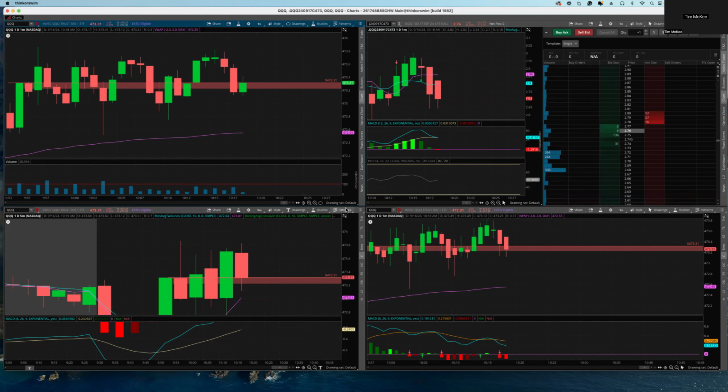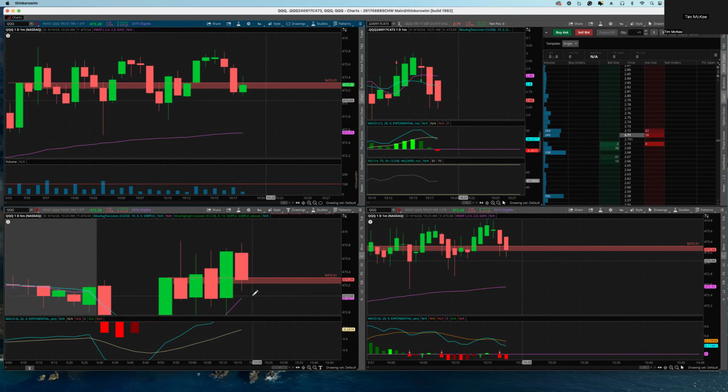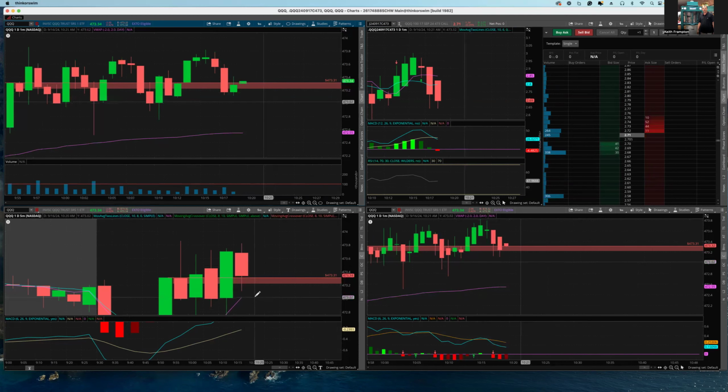We seem to be stuck orbiting this zone. We had 5 of those 5-minute candles right at the same bottom, or 4 of them, I guess.